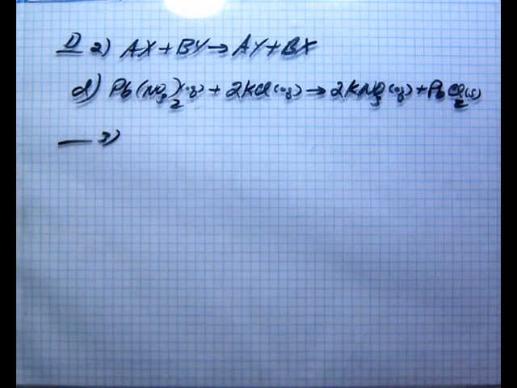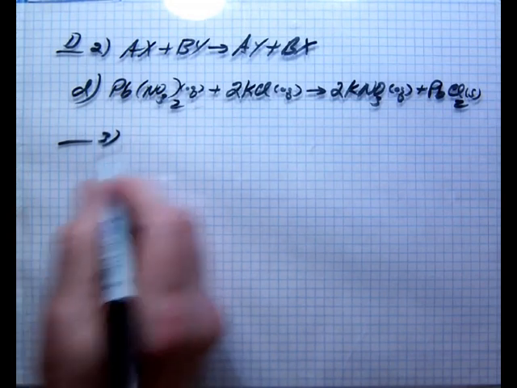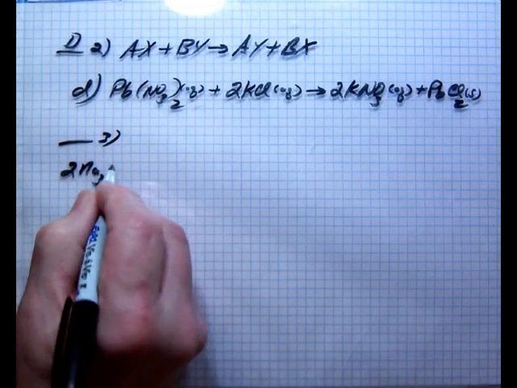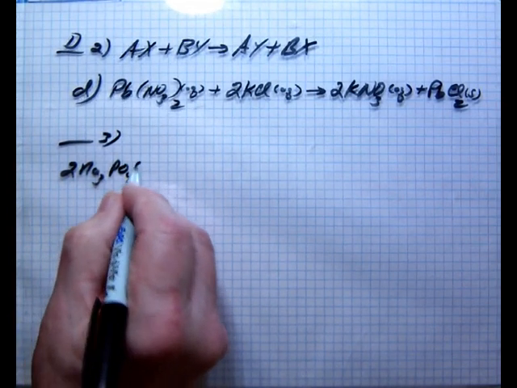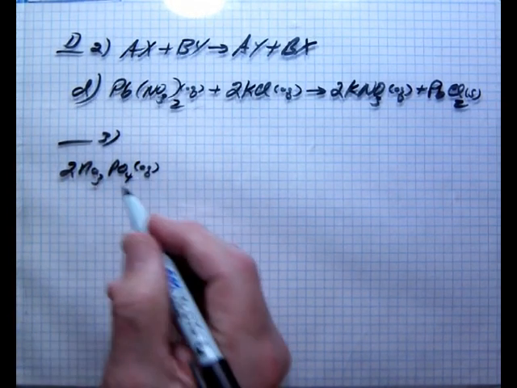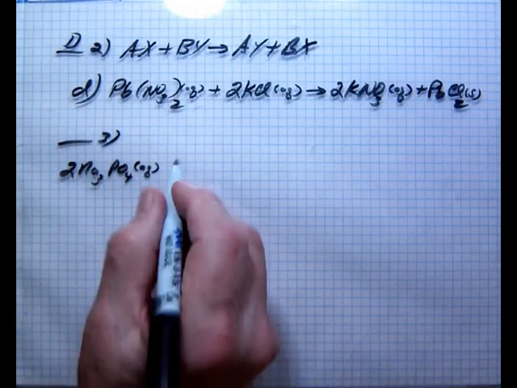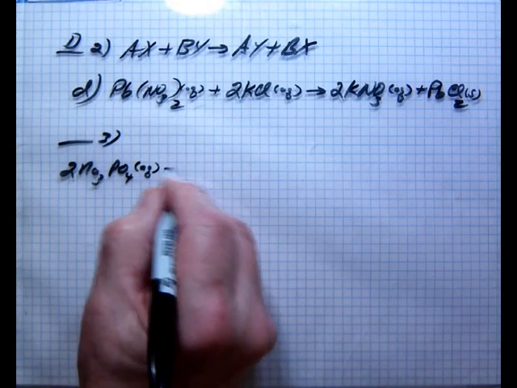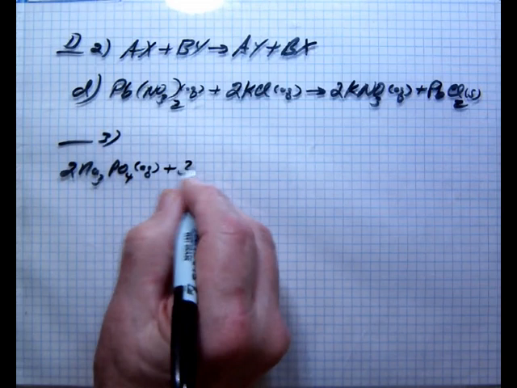Number 3, which compound in the following reaction is a driving force? Well, if you look at the solubility table, let me write the reaction, then we'll make a decision. Okay, and so we have the following: 2Na3PO4. That's going to be aqueous. I didn't put aqueous or state of existence because that's part of the decision process, but I am now.